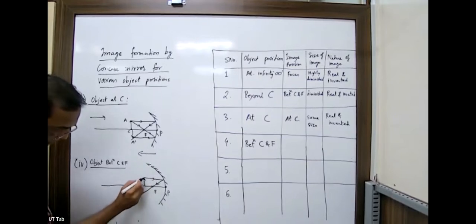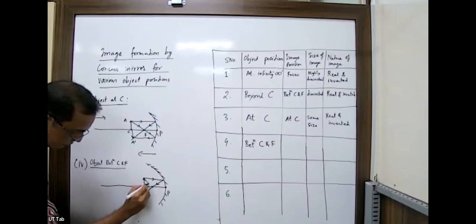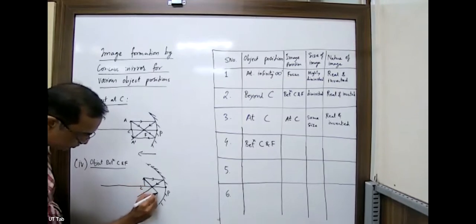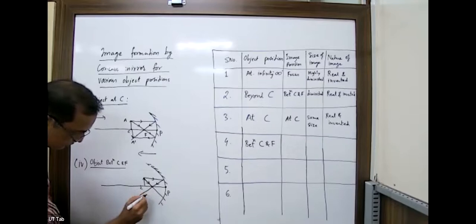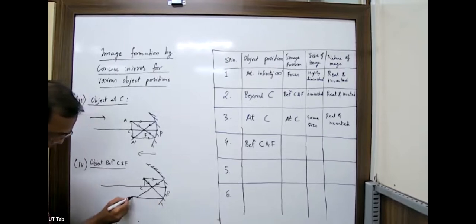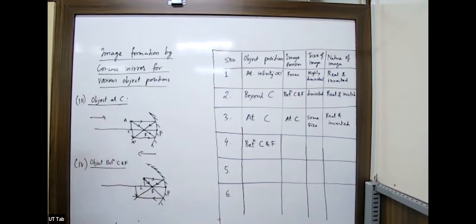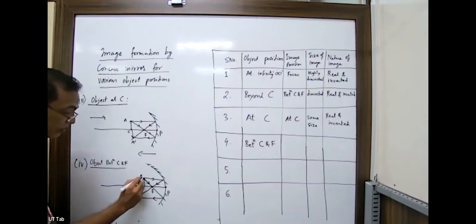So take it from focus. Then the reflected light will travel this way. Where is it forming? Beyond C. This is what we had predicted. So this is A, B.